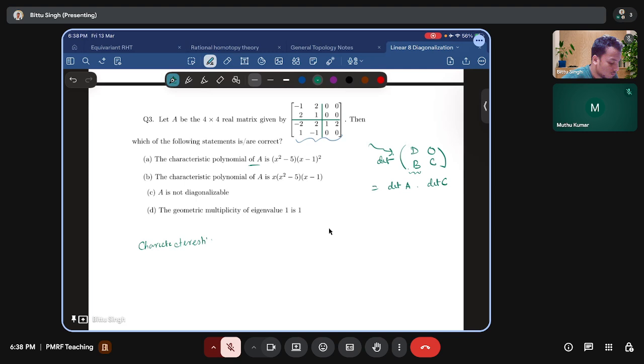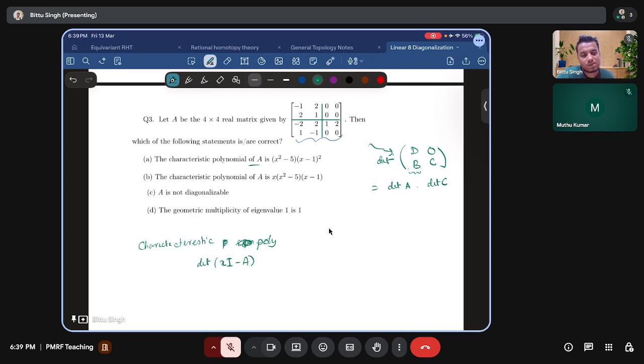So the characteristic equation is the same as the determinant of A minus xi. Here, the characteristic polynomial. For the characteristic polynomial, we actually start with the determinant of xi minus A instead of A minus xi, because the problem is that A minus xi may not give you the monic polynomial.